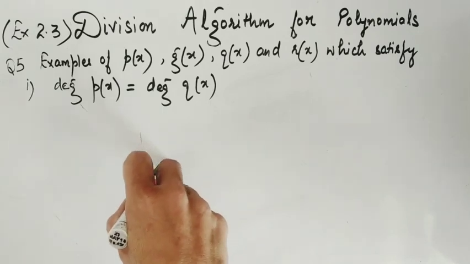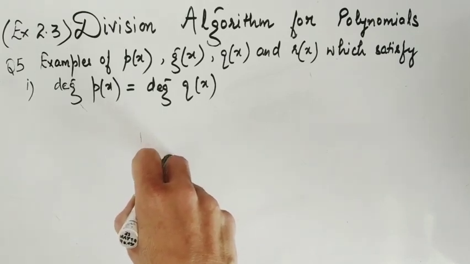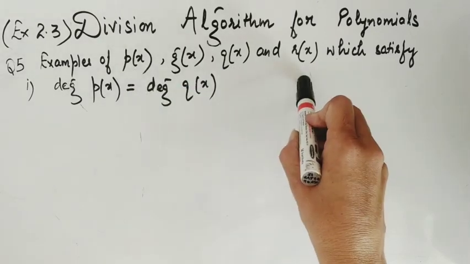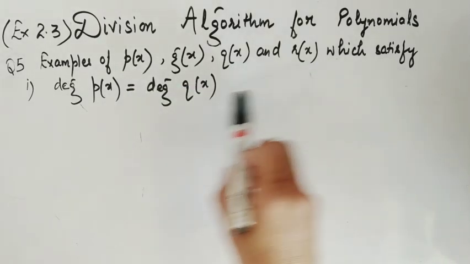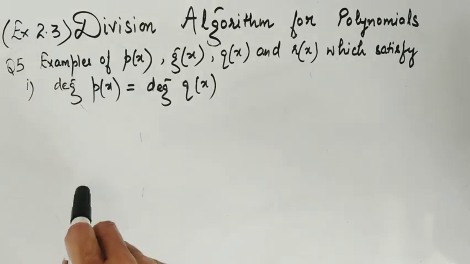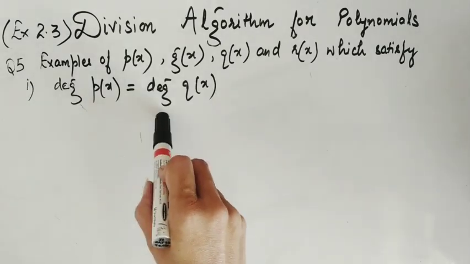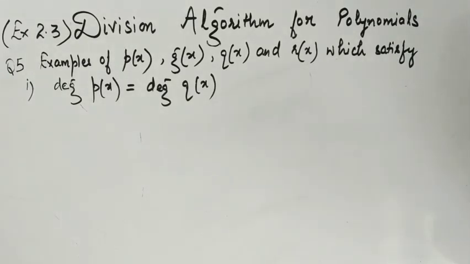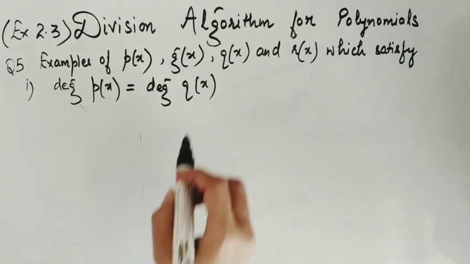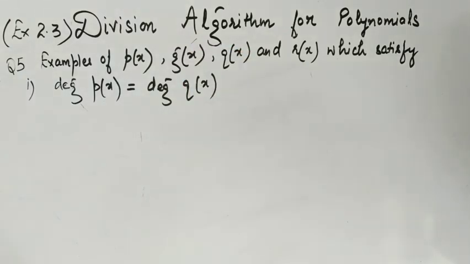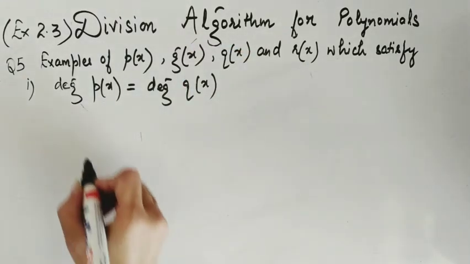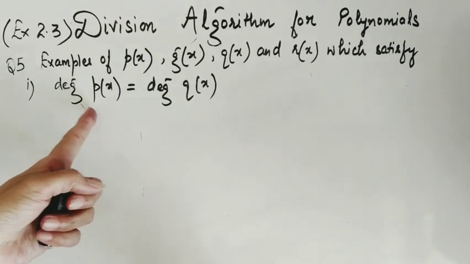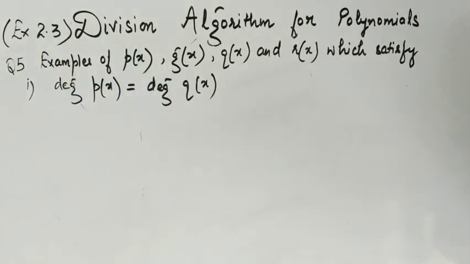Question 5 of exercise 2.3 demands examples for px, gx, qx, rx which should satisfy this relation. I am talking about the first part, which says degree of px and degree of qx should be same. Now we know it's only possible if this divisor is a constant term. Okay, this can be possible because px would be divided by gx.